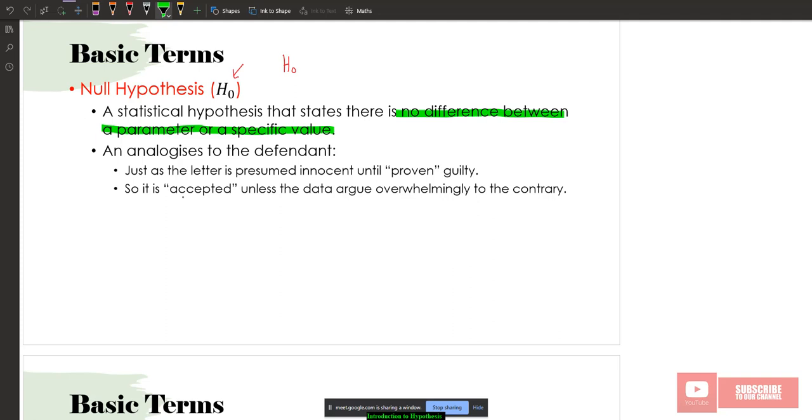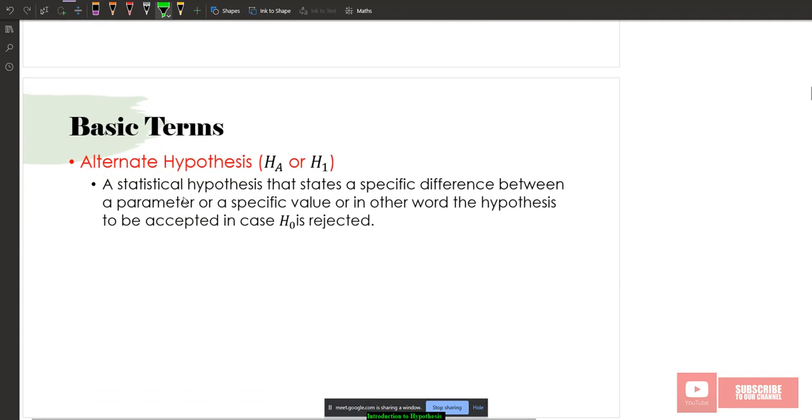So this is just like the presumption of innocent until proven guilty. This is going to be accepted unless the data show otherwise. The symbol for the alternate hypothesis is HA or H1.